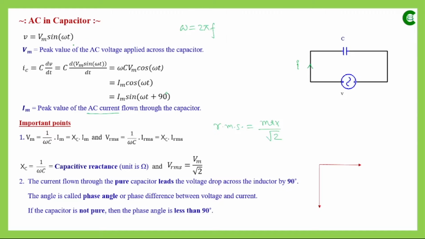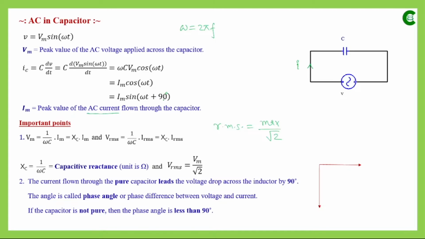And another important point we have to notice here: the voltage was taken as a reference, and the expression of the instantaneous voltage was Vm sine omega t. When we found the current through that capacitor, we got the expression Im sine of omega t plus 90. So here, as we can see, this 90 degree is coming in the expression of the current, and it is plus 90 degrees.